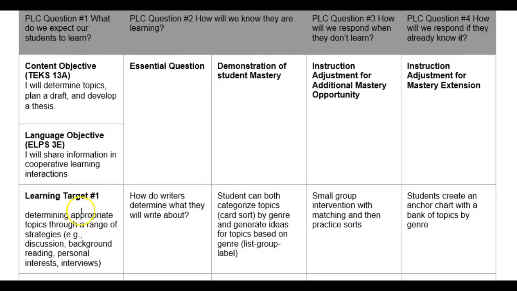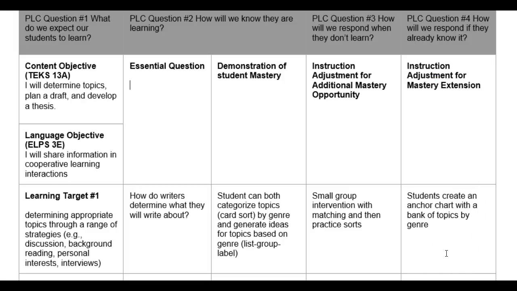Taking a look at learning target 1, the teacher might pull a small group for intervention where he models and then allows the students to match topics to appropriate genres until they get it, before moving them back to the practice sorts, and then of course later on generating topics and categorizing them. What will we do with students who already know it?